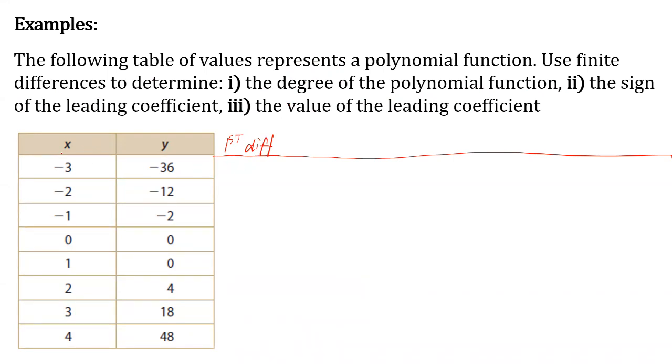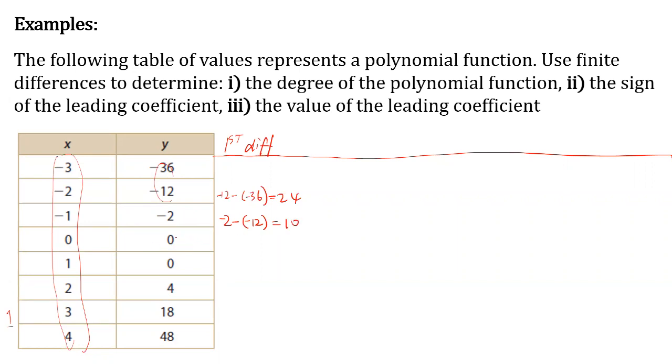Note that the distance between each value of x here is equal to 1, right? So we can calculate the first difference by just subtracting the two y values. First difference: 12 minus 36 is minus 24, right? And then minus 2 minus 12 is minus 10.